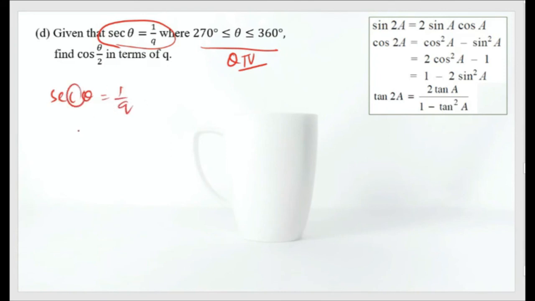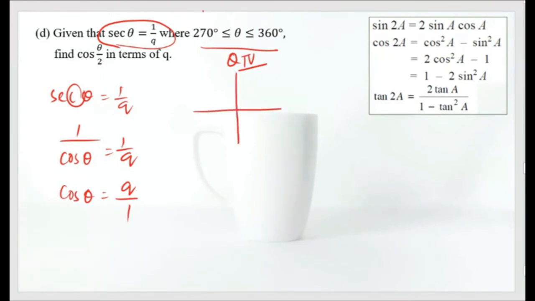Secant has to change into cos. 1 over cos theta equals 1 over q. So your cos theta equals q over 1. Q over 1, draw the diagram. 0, 90, 180, 270, 360. So it will be in 4th quadrant. Okay, 4th quadrant. And this is the angle we want to find out.